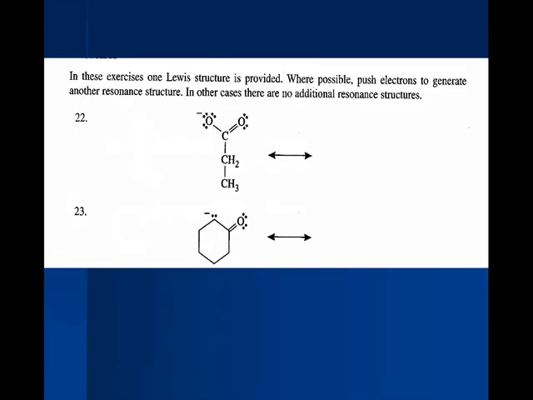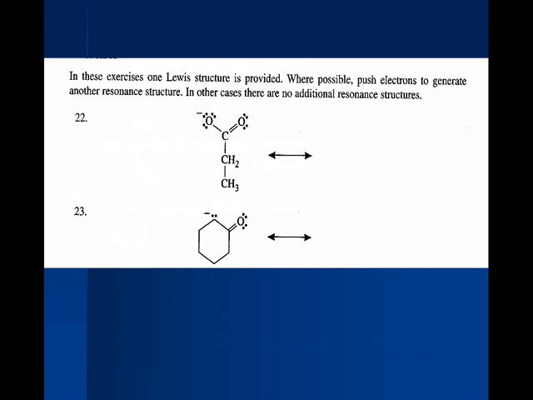Can I draw a resonance structure for number 22? And how would I do that? So if I do that, what do we got here? We've got C double bond O, O minus, and then CH2, CH3. So you're suggesting that I move this pi bond to there?